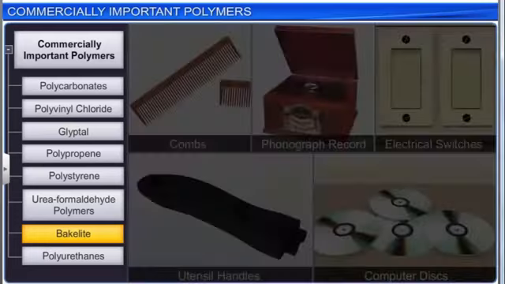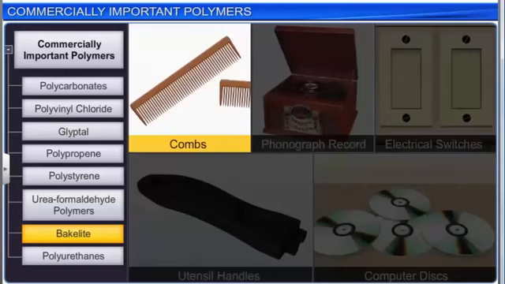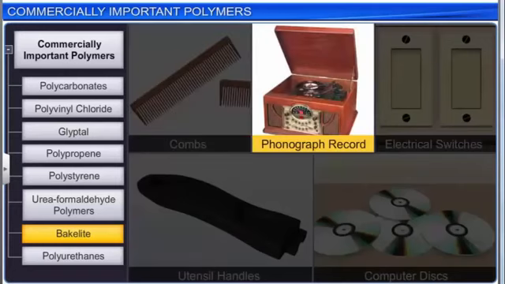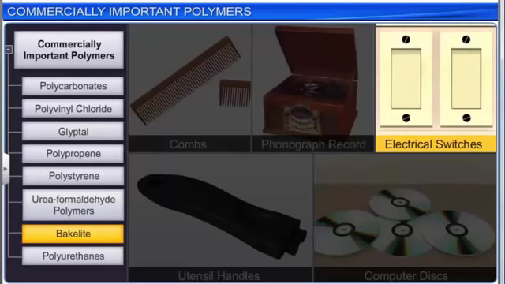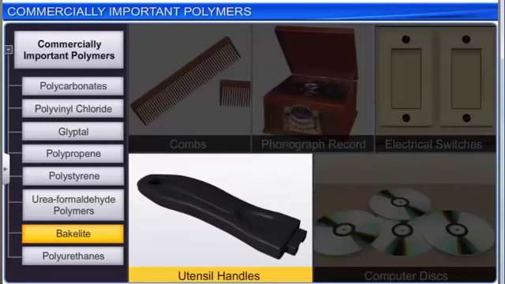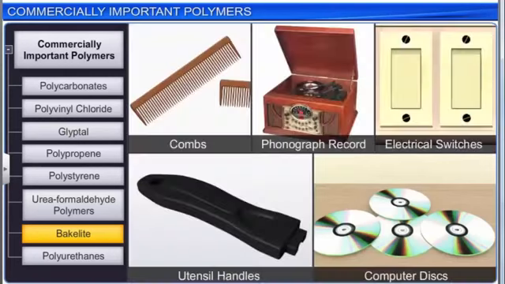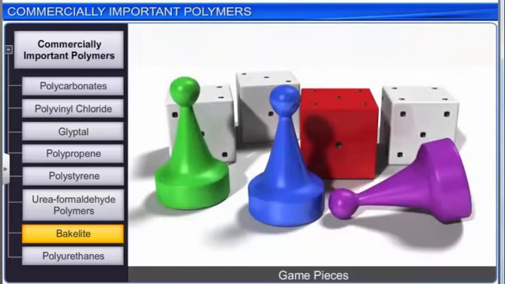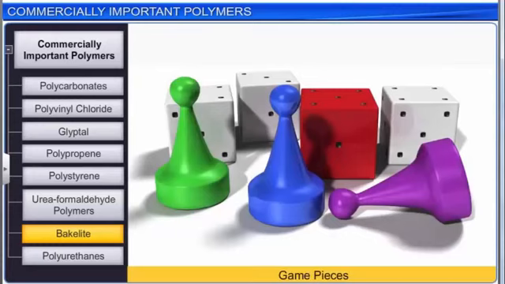Bakelite is used to make combs, phonograph records, electrical switches, utensil handles, and computer disks. Bakelite is also used as a porcelain substitute, such as in game pieces.